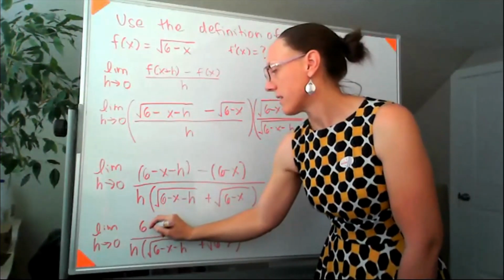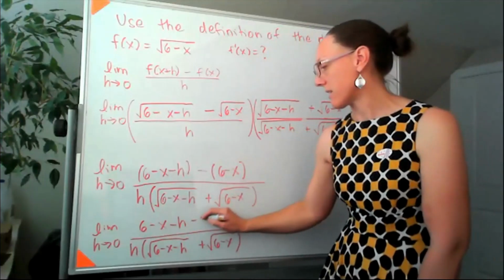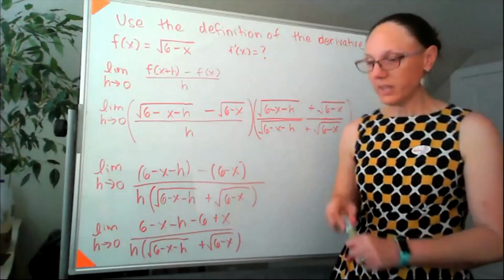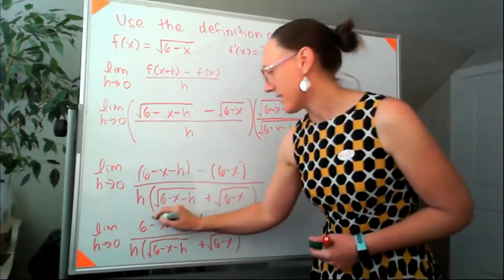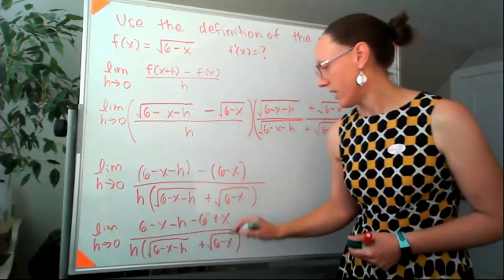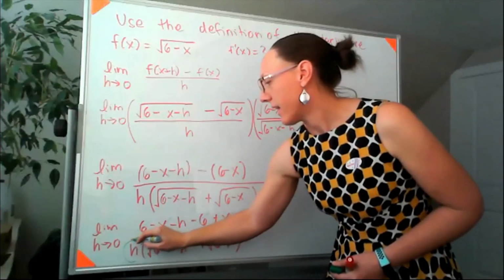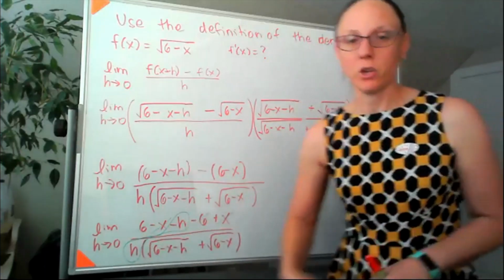So I'll have 6 minus x minus h minus 6 plus x. And now from our numerator, the 6's are going to cancel, and the x's are going to cancel. And then again, I've got that kind of h over h term showing up for us.